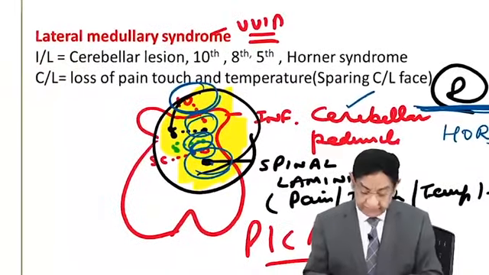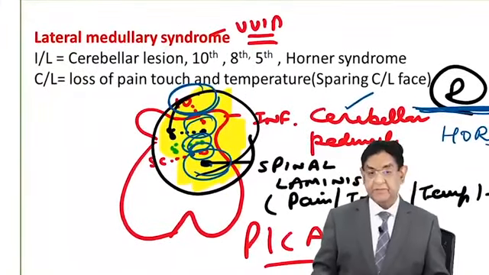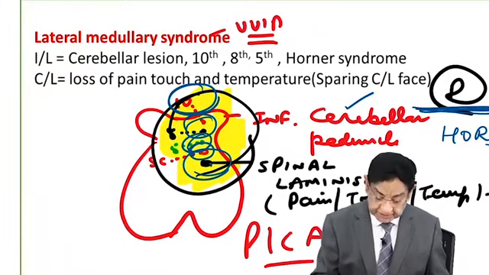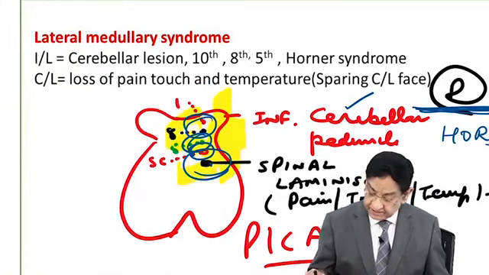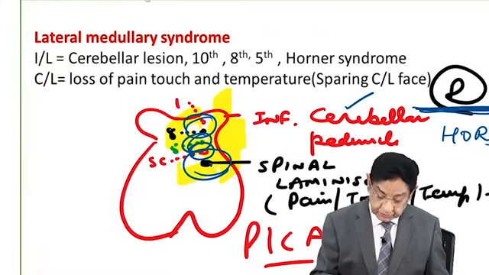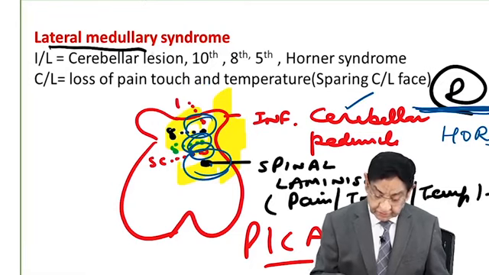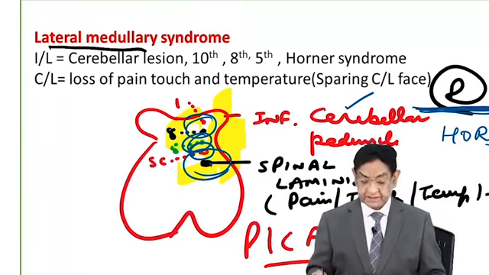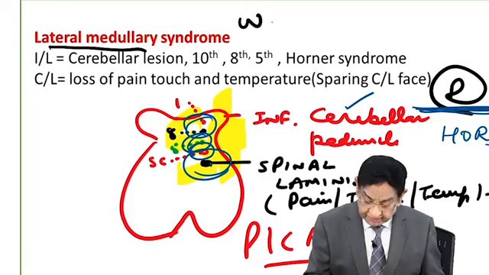So first you write down the features of lateral medullary syndrome. Now you can write down, it is written for easy convenience. You can see this is known as lateral medullary syndrome. This is also known as Wallenberg syndrome.